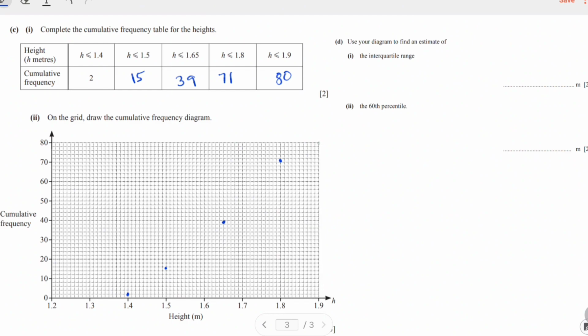At 1.9 it is very simple, 80. So now I'll join all these points together to form the cumulative frequency curve. Now these are the points.